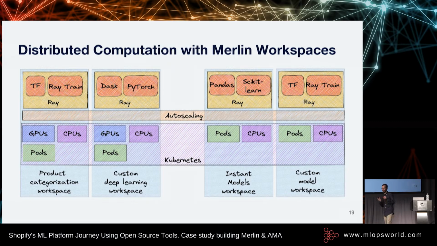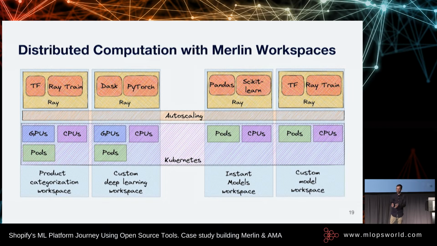And so a Merlin Workspace is a dedicated environment per use case that allows our users and use cases to have requirements from the infrastructure layer up to the application layer. Here we see 4 different examples of machine learning use cases, and each one can contain different requirements on the Kubernetes level and then on the application level.